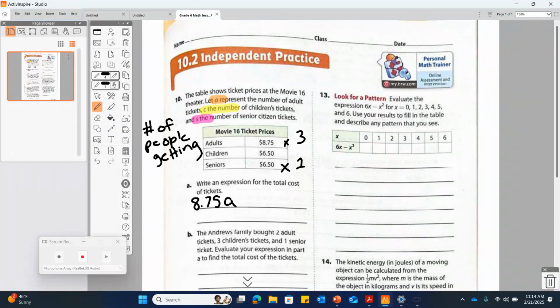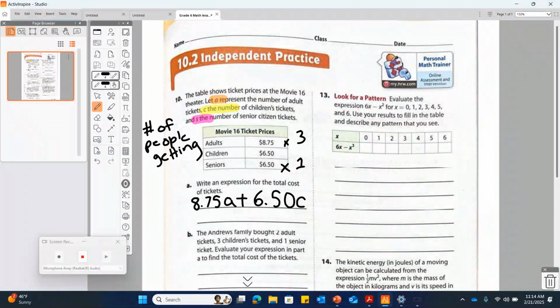I'm going to do the same thing for children. Every child ticket I need is $6.50. If I need 4 tickets for children, it's going to be $6.50 times 4. If I need 8 children's tickets, it's going to be $6.50 times 8.